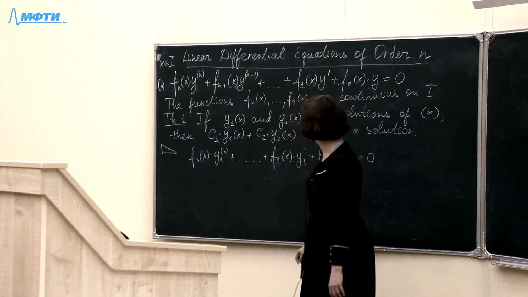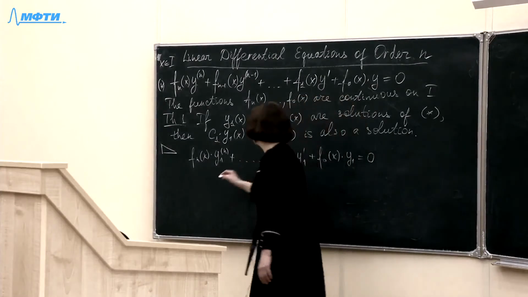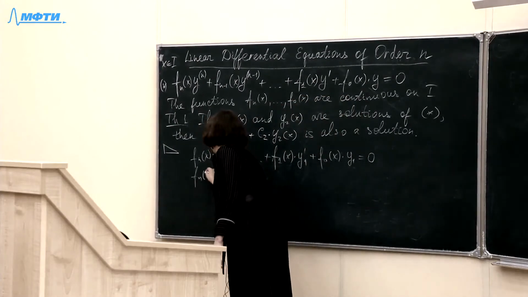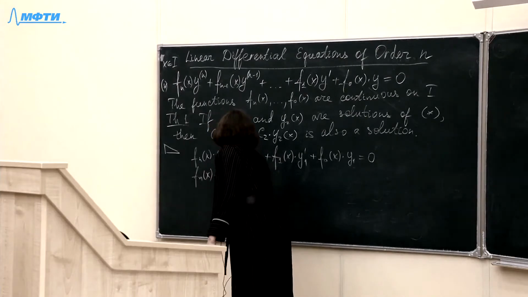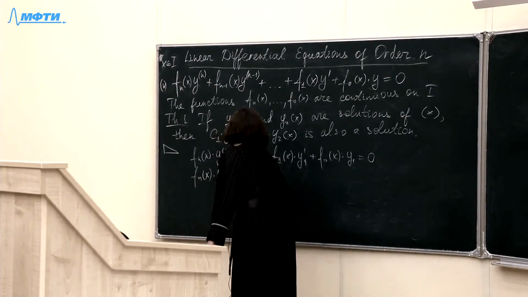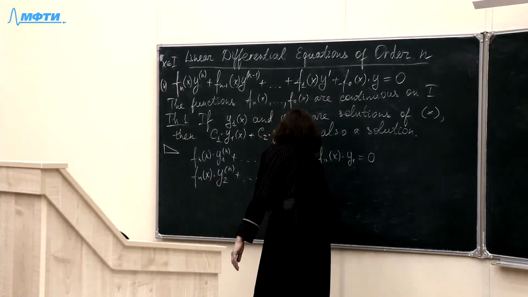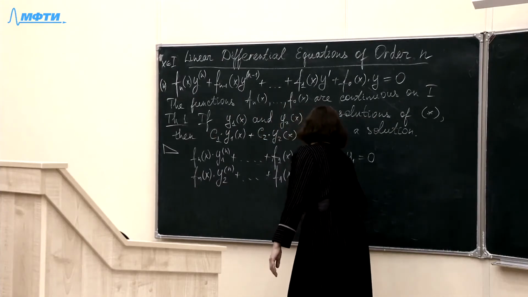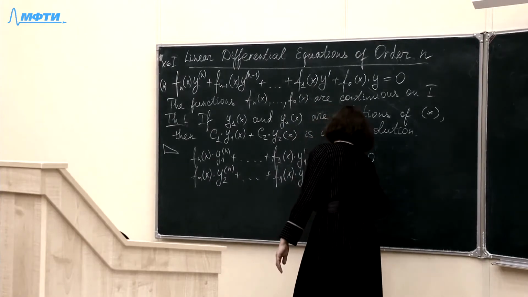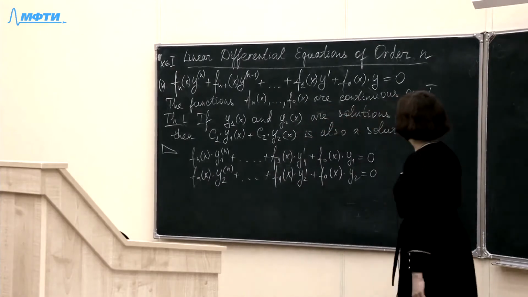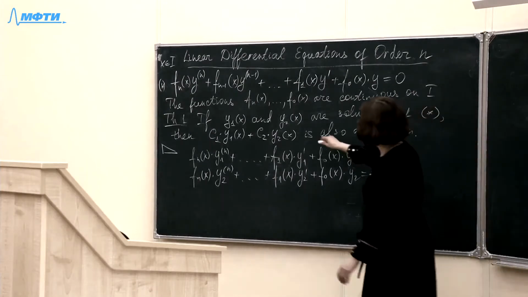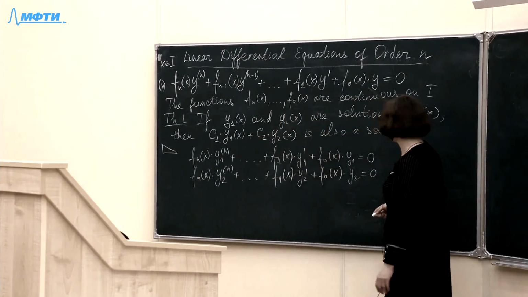And at the same time, y2 is also a solution, so we have fn of x times the nth derivative of y2, plus f1 of x times y2 prime plus f0 of x times y2 equals 0. So both functions satisfy this differential equation.